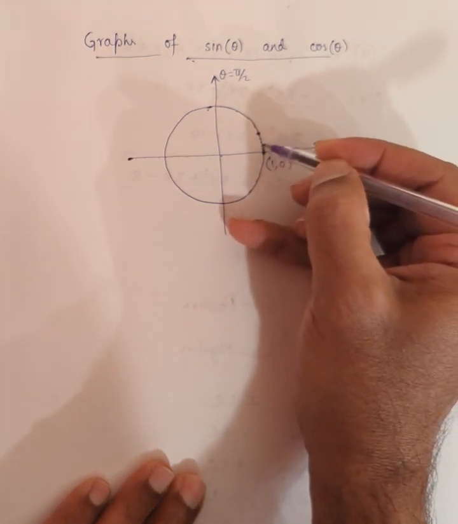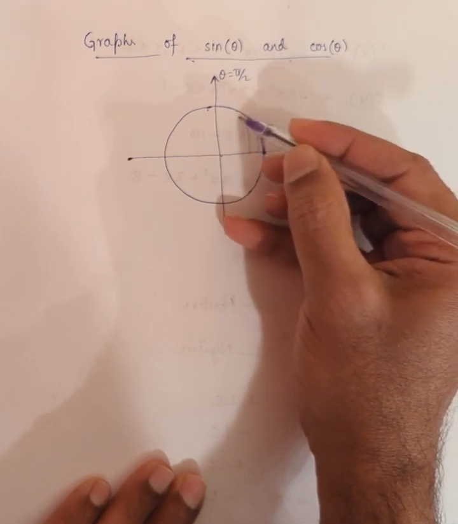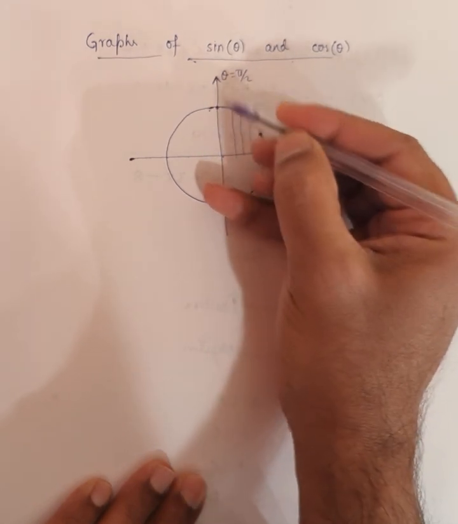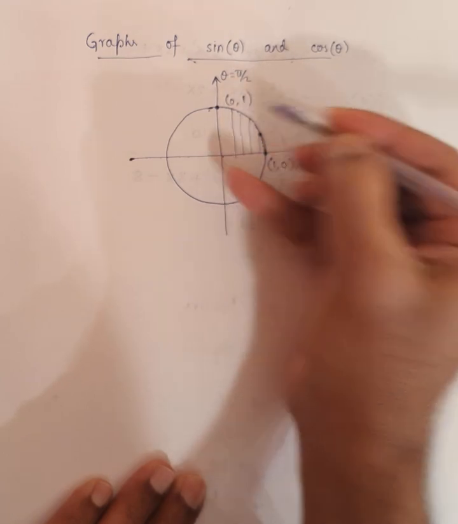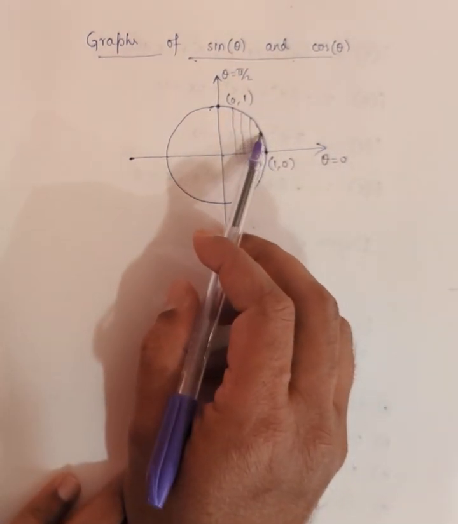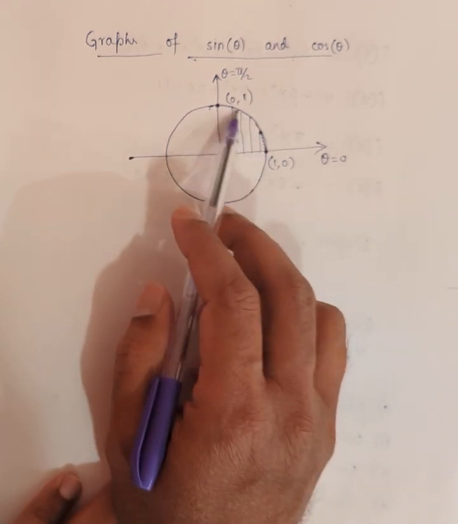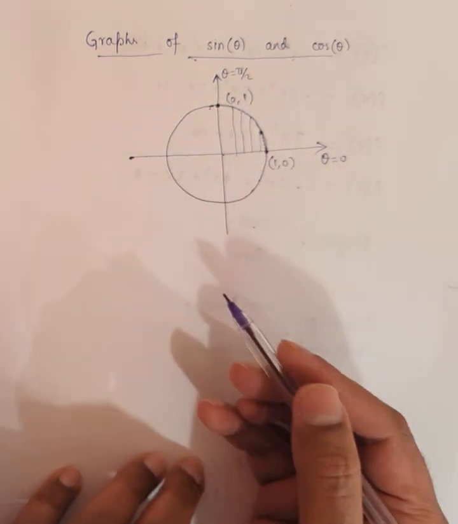As theta increases from 0 to pi over 2, it attains the maximum value of 1. So sine 0 is 0, and then the height, or the y coordinate, is increasing, and it goes up to 1 for pi over 2.